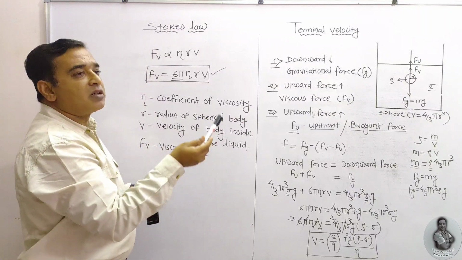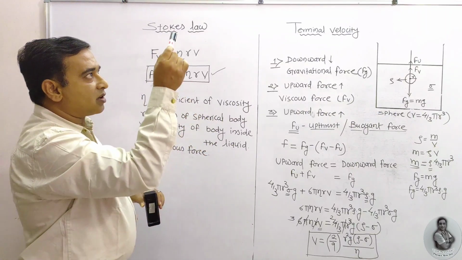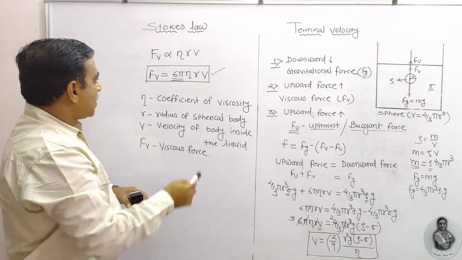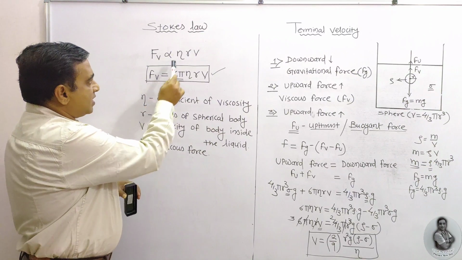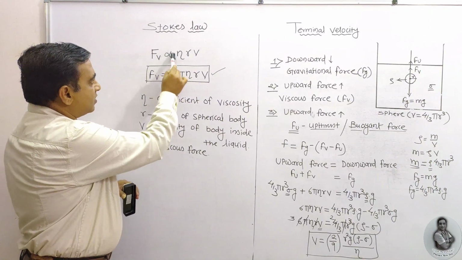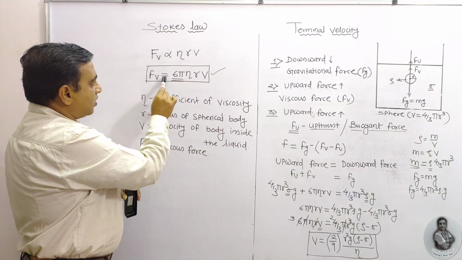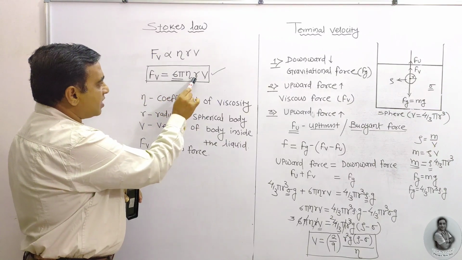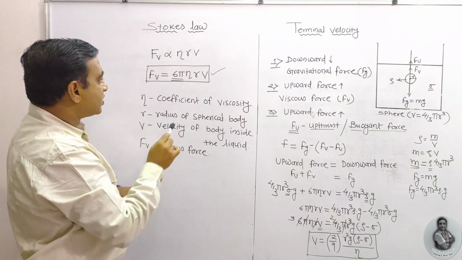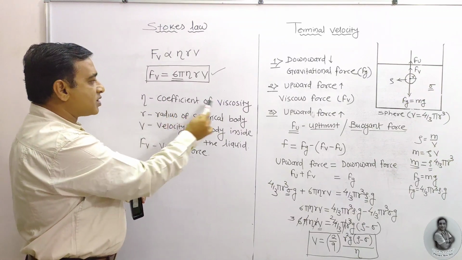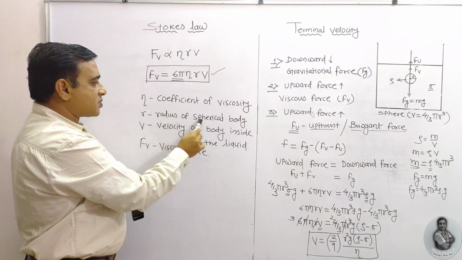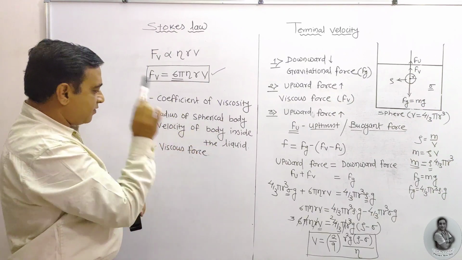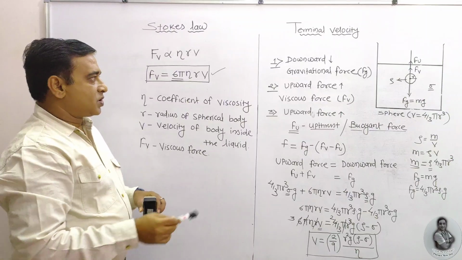We can also term it as a terminal velocity when it goes inside the liquid and reaches the bottom. Fv is equal to, after substituting the proportionality constant, 6 pi eta Rv. This is the final equation for the viscous force. In that, eta is the coefficient of viscosity, r is the radius of the spherical body, v is the velocity of the body inside the liquid, and Fv is the viscous force.